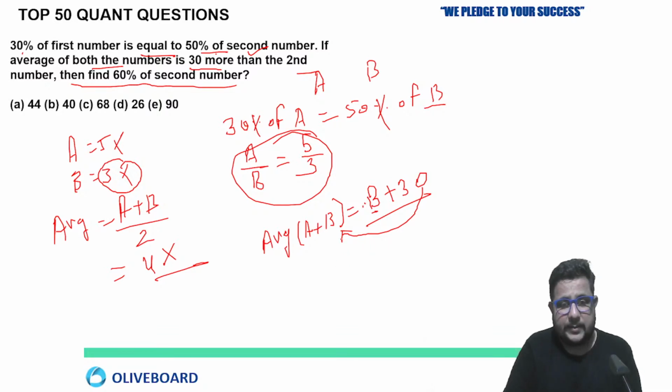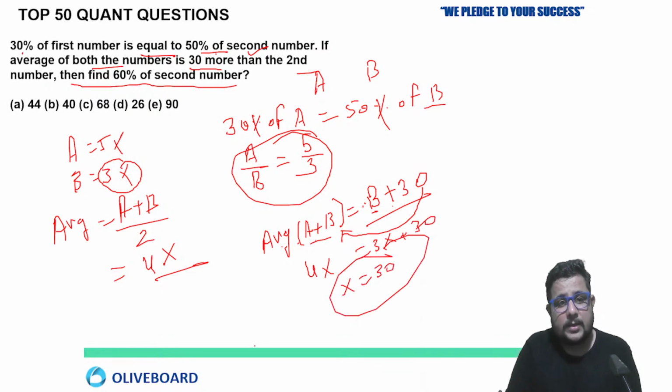Now see, the average of A plus B is equal to B plus 30. The average of A plus B is 4x. B is 3x plus 30. So 4x minus 3x means x is going to be 30. If x is 30, then the first number is going to be 5 into 30 means 150. The second number, 3 into 30 means 90.